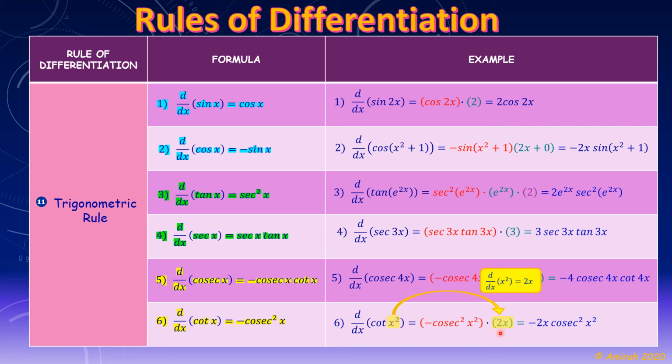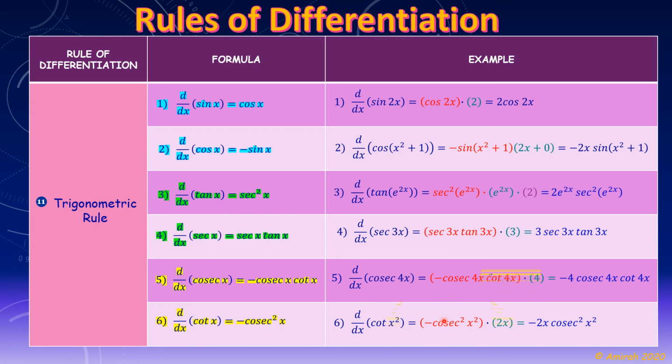Okay. For the basic formula, we have single x here. So when we differentiate cot x, we only have negative cosec squared x. But actually, we have times 1 here. Times 1 here actually comes from the derivative of x, which is 1. Okay, so no need to write times 1 because it doesn't change the original function or original value.